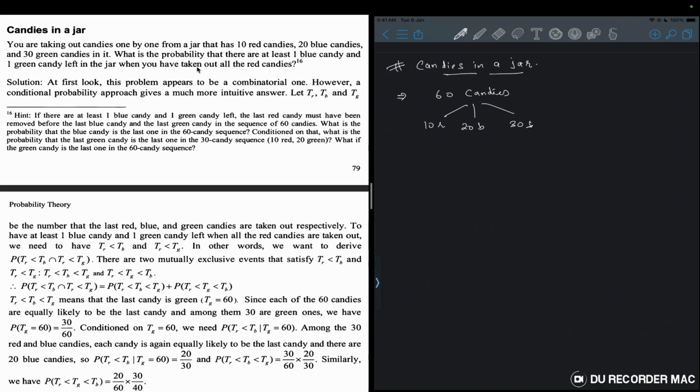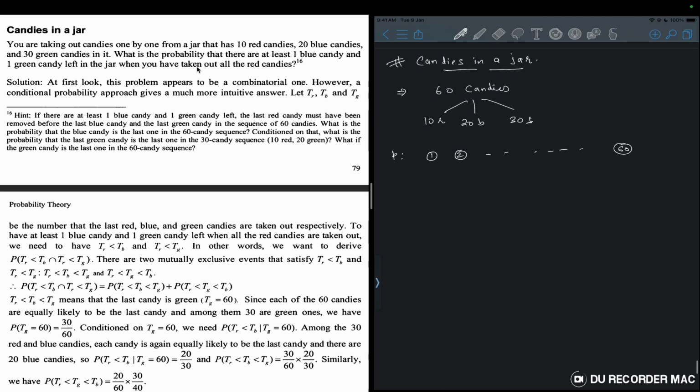Let's declare a variable P, the position of the candy being picked, from 1 to 60. Now we need to find the probability. There will be multiple sequences of candies being picked, and we want to find all such sequences.